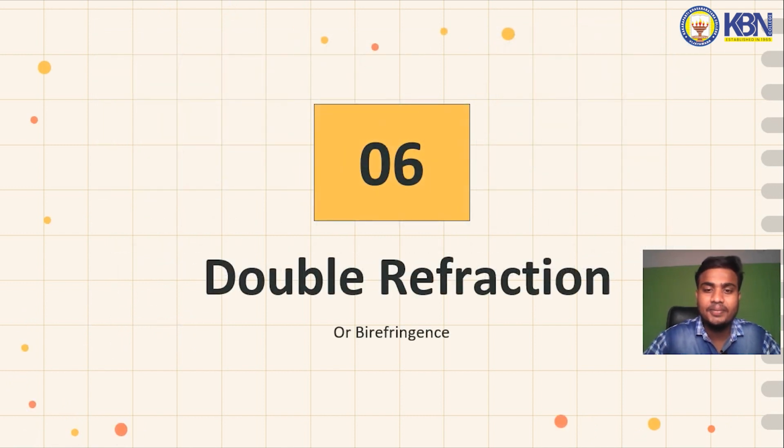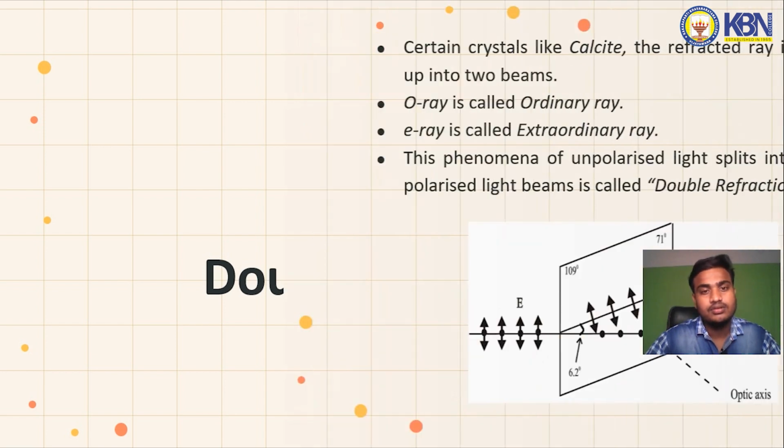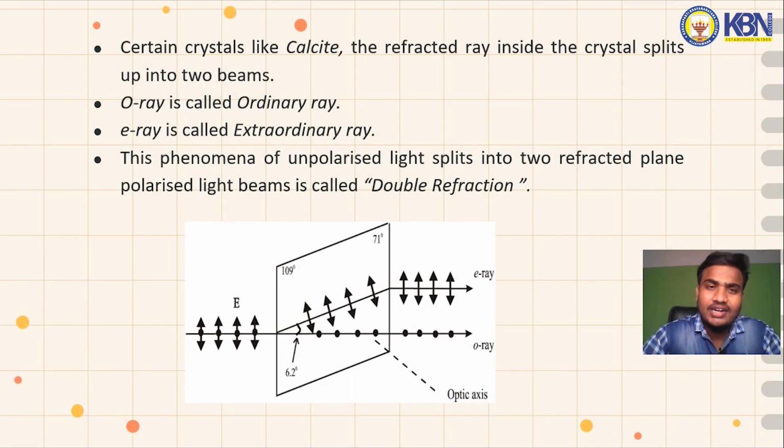And coming to the next topic, double refraction. When unpolarized light falls on certain crystals like calcite, the refracted ray inside the crystal splits up into two parts.